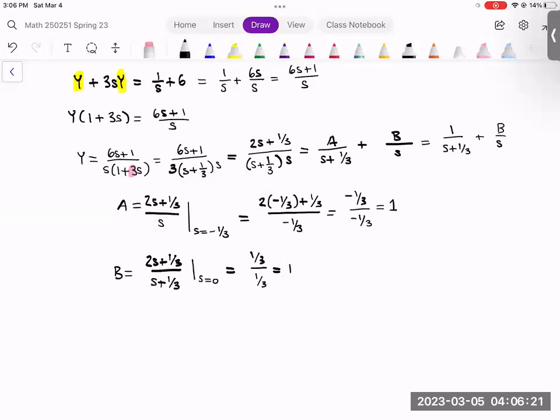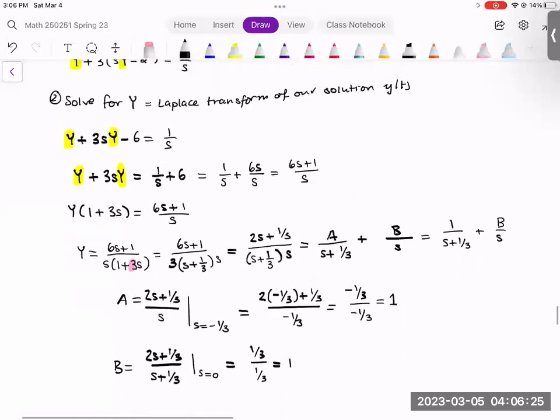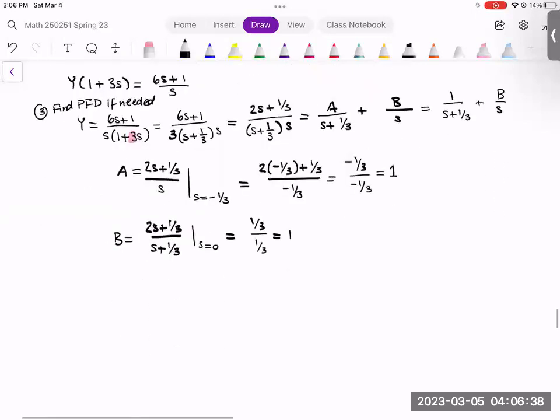Okay, so to recap, we solve for Y, find the partial fraction decomposition if we need to, and then step 4 is we're going to find the inverse Laplace transform.